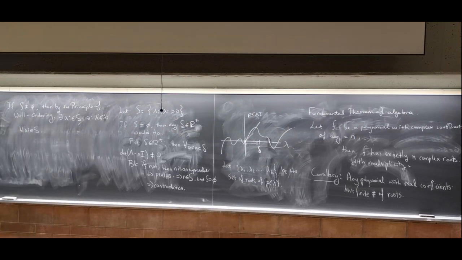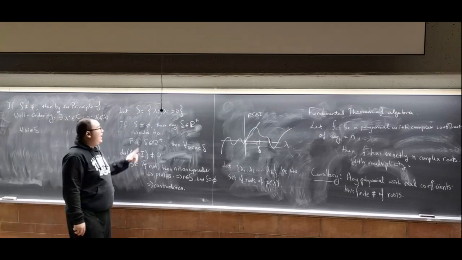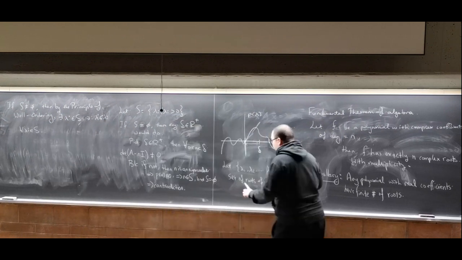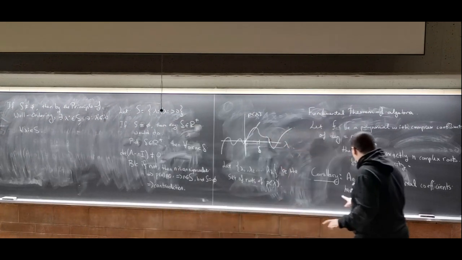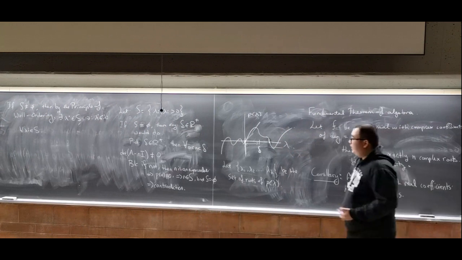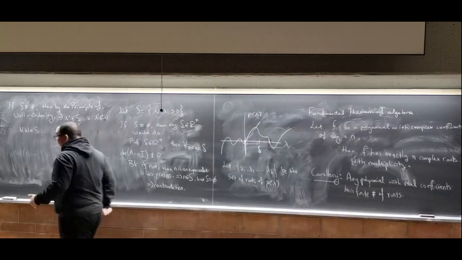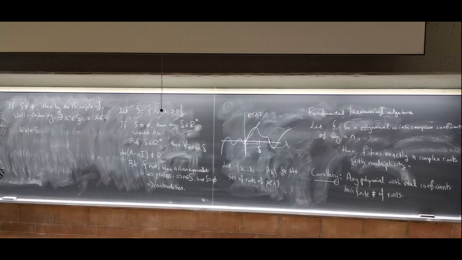Basically what I'm saying is, if S is non-empty, remember that S is a subset of all of the roots. We realize that all of the roots are finite. That means this set has to be finite, and we have a finite set of real numbers. Then by the principle of Weyl ordering, there exists this smallest value.